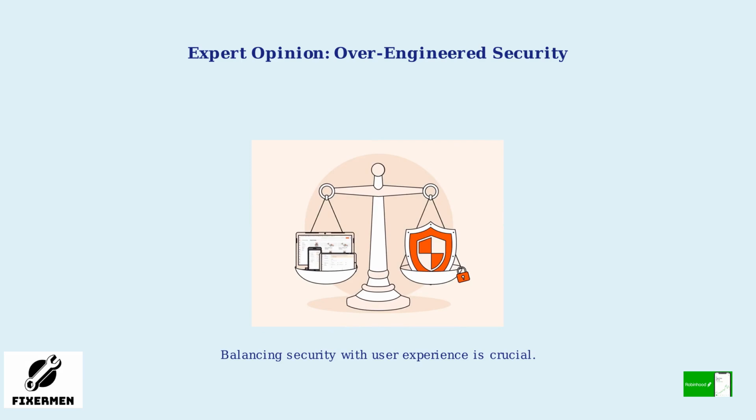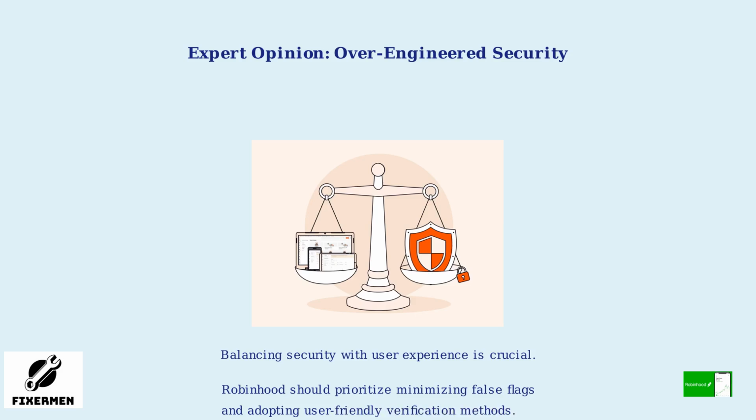While robust security protects against fraud and unauthorized access, overly complicated verification processes can frustrate users and drive them away from the platform. Robinhood should prioritize minimizing false flags in their verification system and adopt more user-friendly methods that maintain security without sacrificing usability. This approach could reduce errors like 1003 while keeping users engaged.